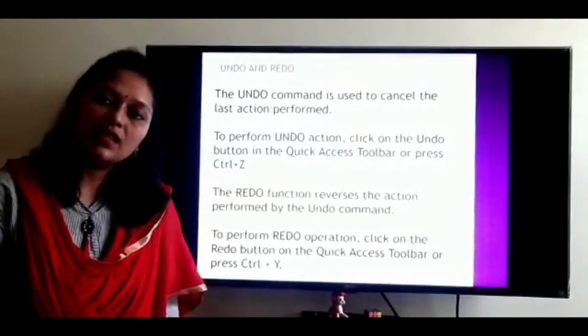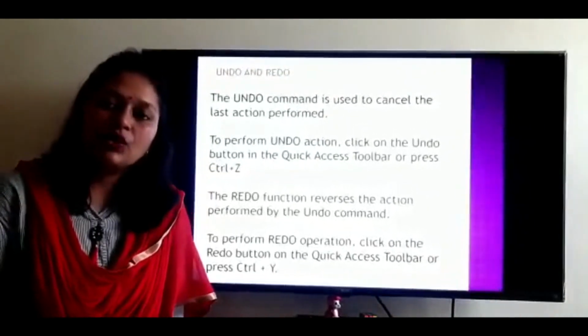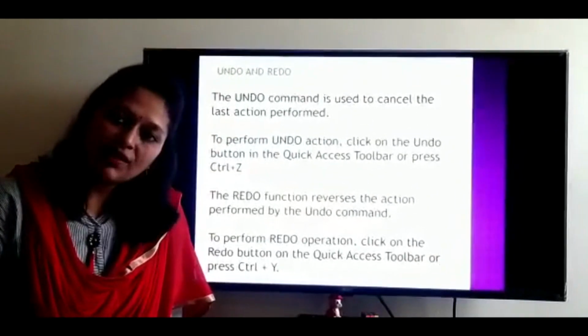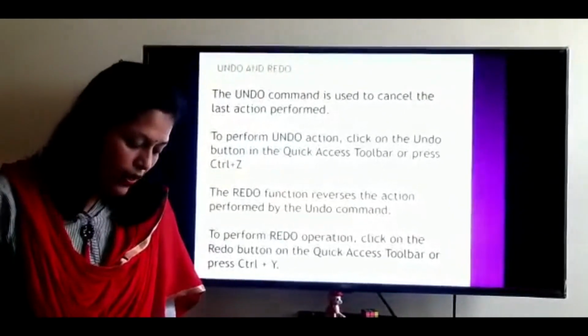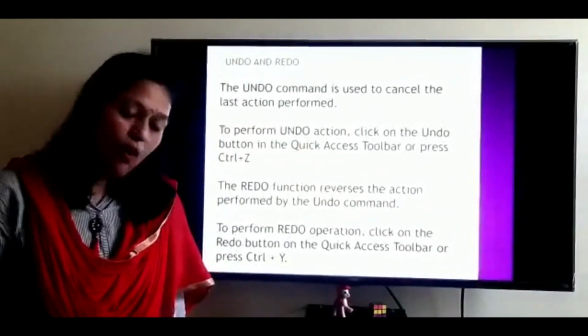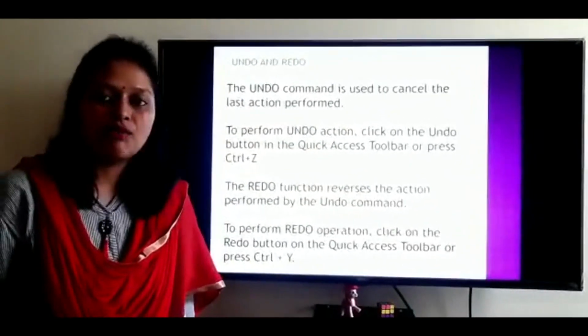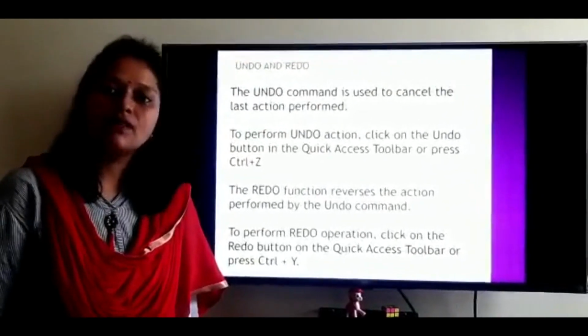It is just the reverse of undo. Whatever the undo command has done, redo reverses it. To perform the redo operation, click on the redo button on the quick access toolbar or press Ctrl plus Y, the shortcut key to perform redo, Ctrl plus Y.